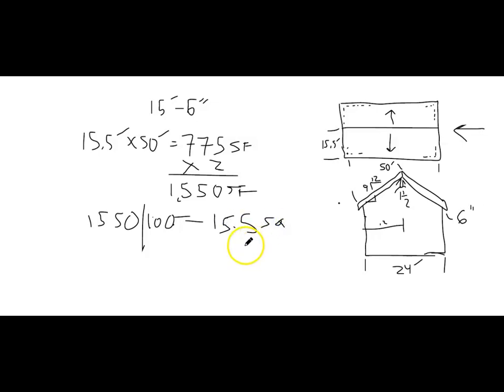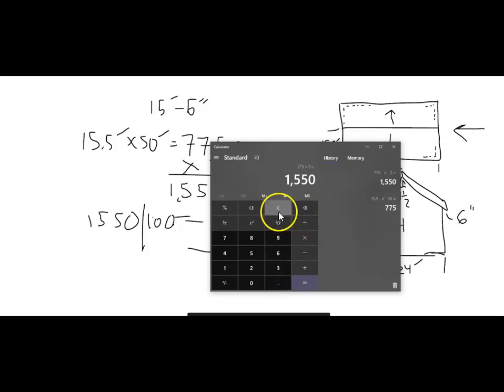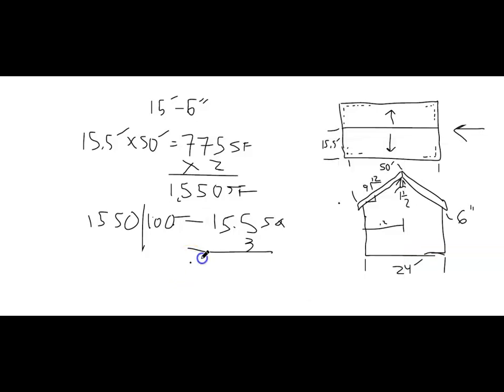There are 3 bundles per square. Let's take out the calculator there quickly. 15.5 squares at 3 bundles each is 46.5 bundles. So we have to get 47 bundles of shingles.